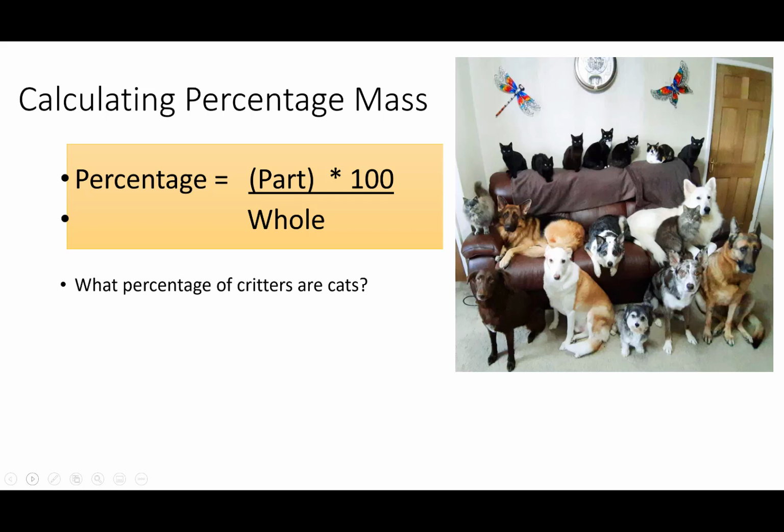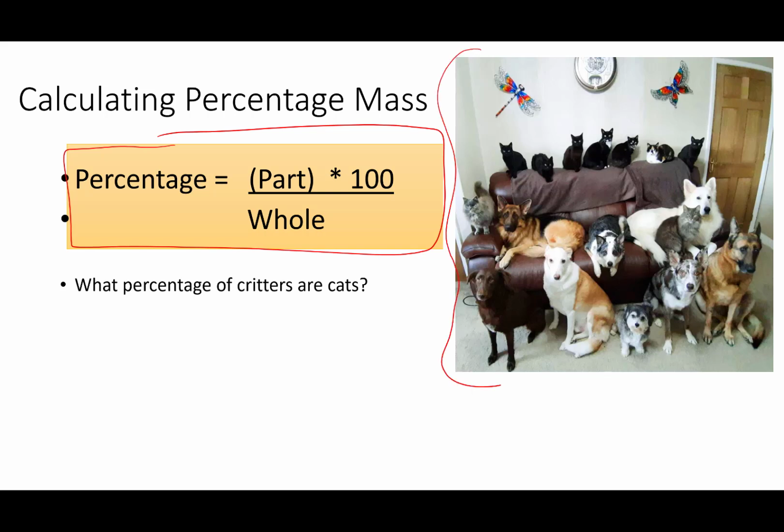So this is a percentage, and you have calculated percentages ever since elementary school. The basic formula for calculating a percentage is this. You take the part divided by the whole times 100 to make it a percentage. So I tried to find a simple, fun thing for us to calculate percentage on, and I found this photo online, and I'm amazed that this pet parent managed to get all of her pets to line up beautifully.